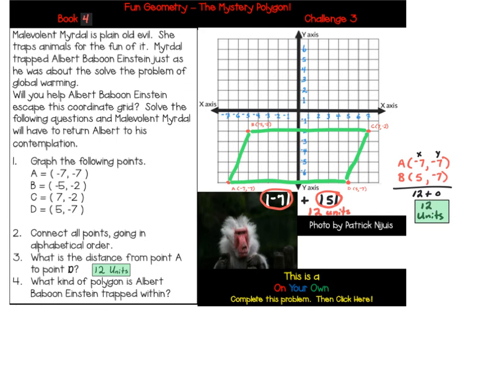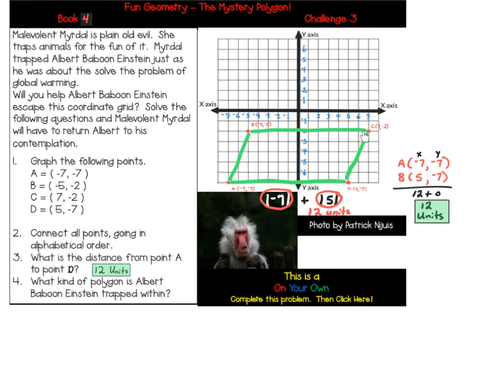Let's move on to what kind of polygon is Albert Baboon Einstein trapped within? And clearly, this has 1, 2, 3, and 4 sides, so it is a quadrilateral, but exactly what kind of quadrilateral is it? Well, this line is parallel with this line, right? And this line is parallel with this line.